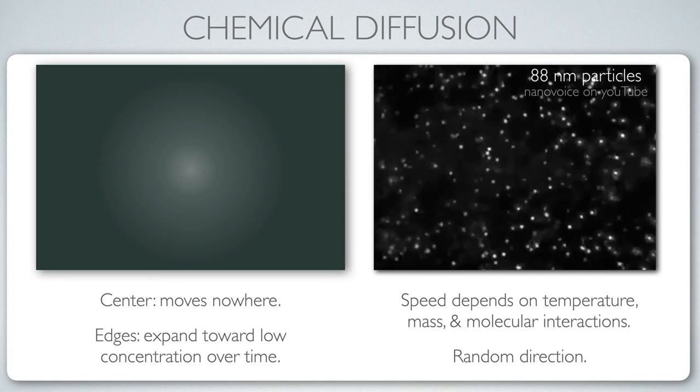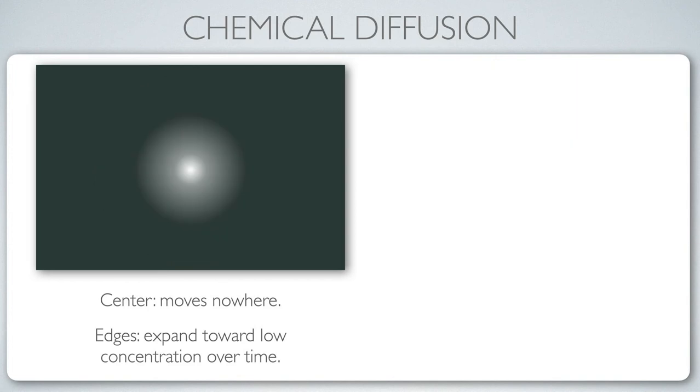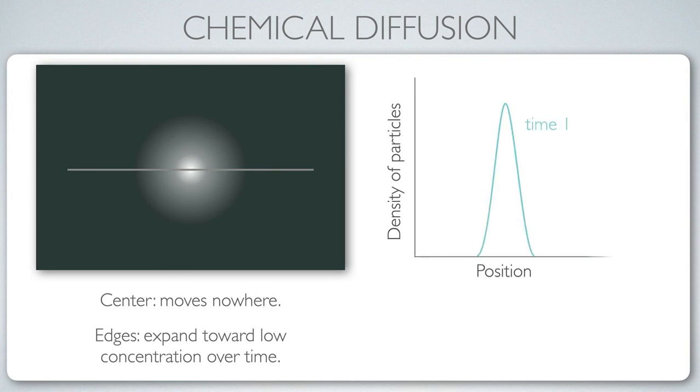So let's think about that a little bit more carefully. We're going to look at that population of particles, and let's draw a line through the center like that. Then let's make a plot of the density of particles at each position along that line. It would look something like a normal distribution with a peak of high concentration right at the center of the population.